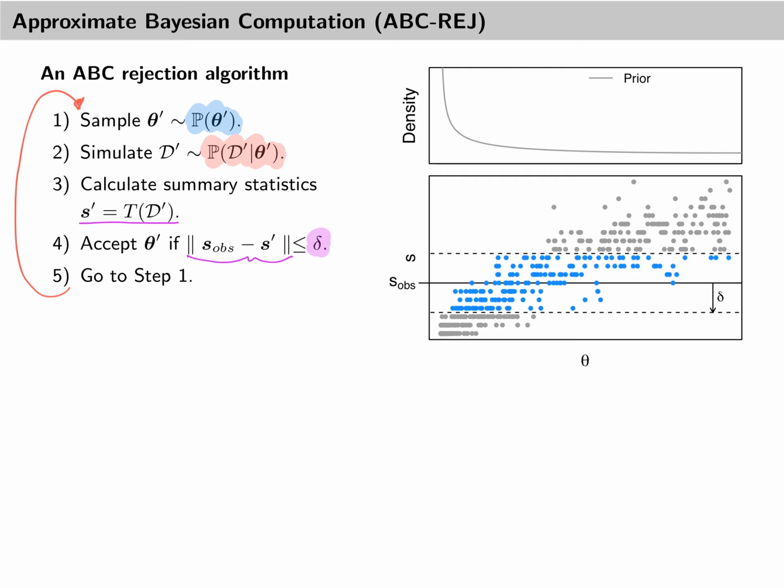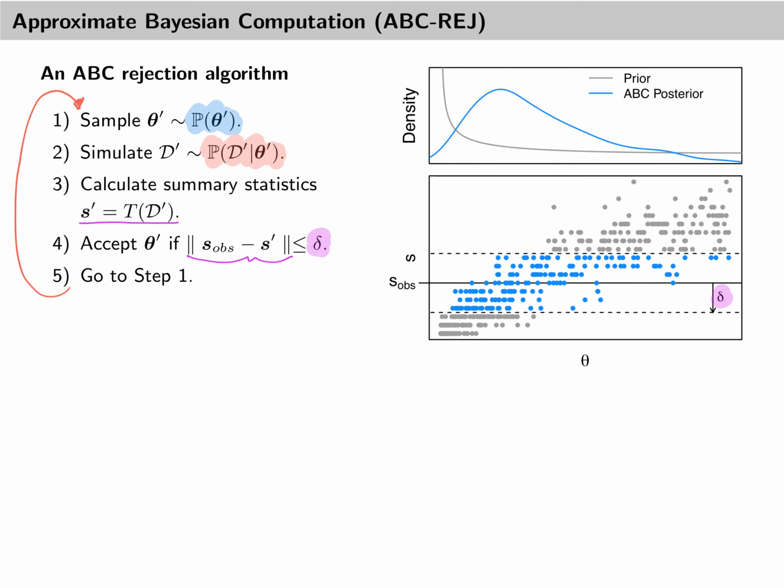Instead of only relying on simulations that resulted in an exact match with S observed, we therefore also accept simulations that resulted in summary statistics close to S-obs. For this, we introduce a threshold delta, and we accept all simulations that resulted in summary statistics for which the distance to S observed is smaller than this delta. These simulations are shown here in blue, and delta is indicated by an arrow on the right.